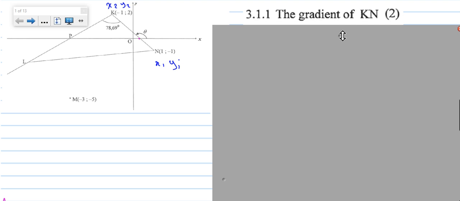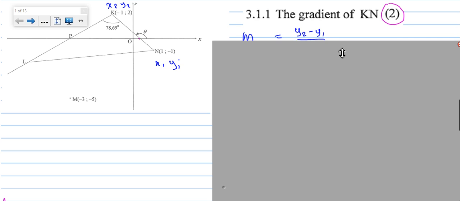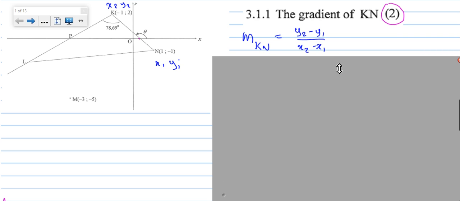Simple level 2 question. Find the gradient of KN, 2 marks. We are given the 2 points. A recommendation: on your diagram sheet label x2, y2 and x1, y1 as the reference for the substitution into your formula, which appears on the formula sheet.